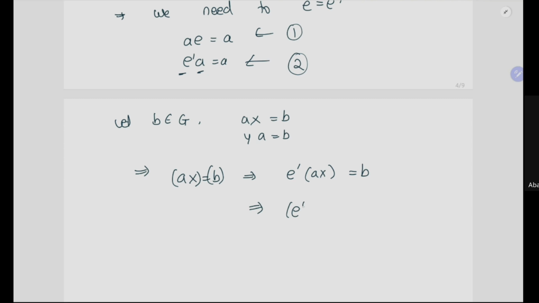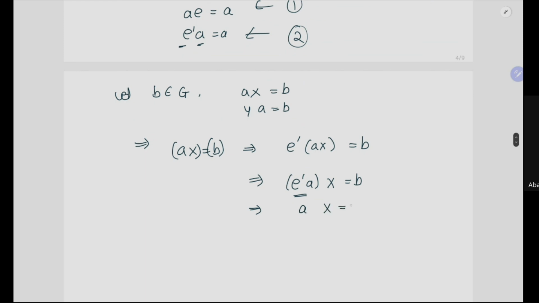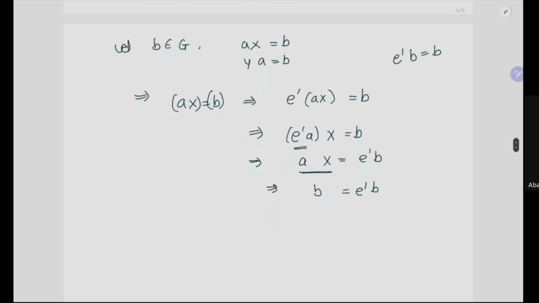Now if we use associativity, this will happen. Is this true? And this is again our A X is equal to, and now on B I use E dash again, since E dash B is also true, I will write it as E dash B. Then what I get, and now what was this AX? It is B, so B is equal to E dash B.